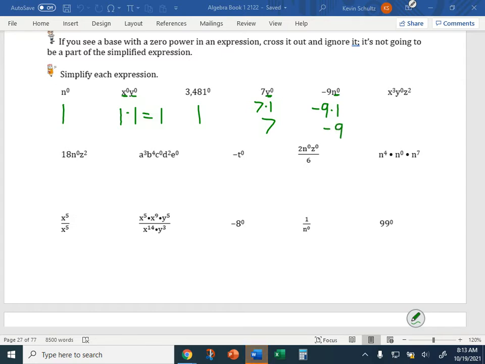When our expressions get a little bit longer and we have more stuff, like we have in that last one there, x cubed y to the 0 z squared, I have in the directions here, one thing that you can do is cross it out and ignore it. Because x cubed y to the 0 z squared, if we just kind of ignore the y to the 0, what are we left with? X cubed z squared. And that's our answer.